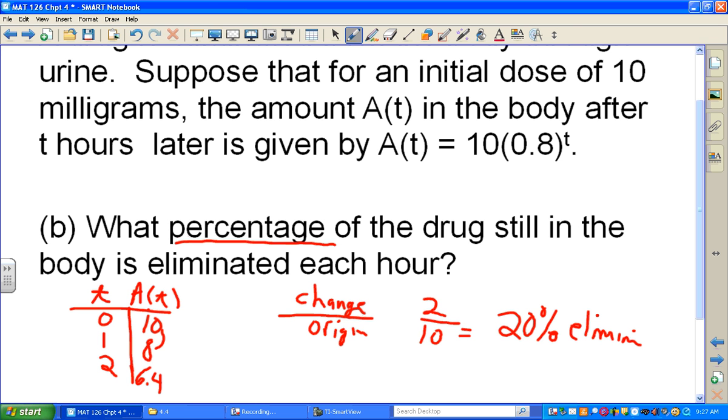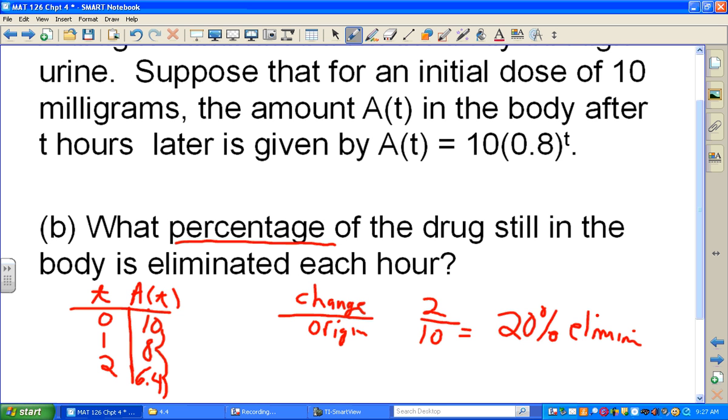Even 20% of maybe 1.6 checks. Oh yeah, 0.4. Yeah, it's always 20% of what's remaining. That's why it's exponential. You have 80% remaining of your original amount, and then 80% of that amount each hour after that. So 20% is eliminated. Or you have 80% left in your bloodstream after each hour.